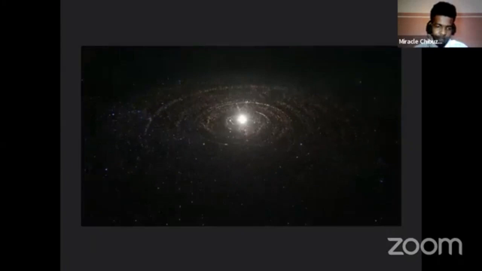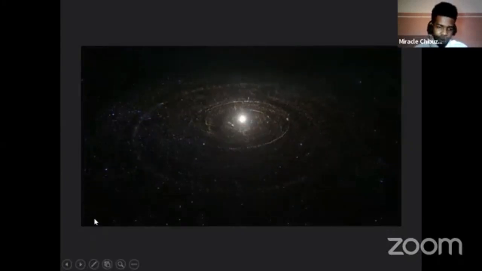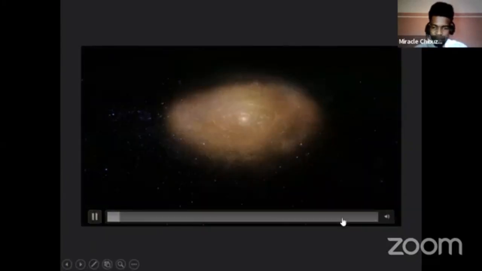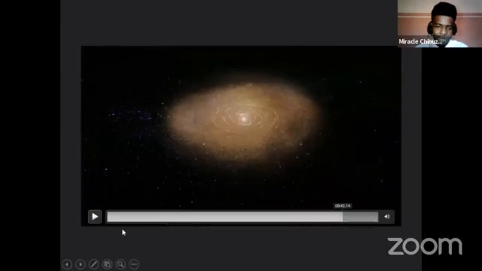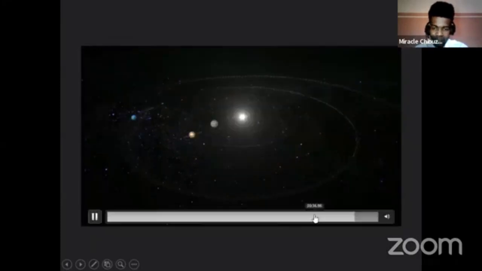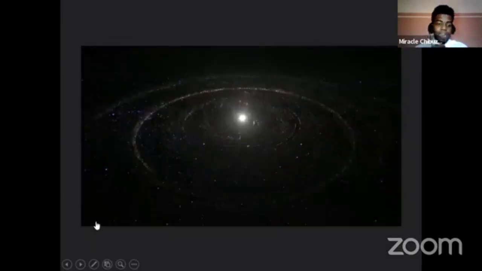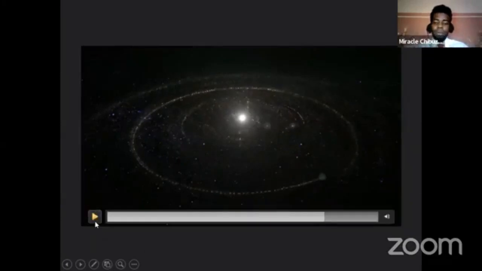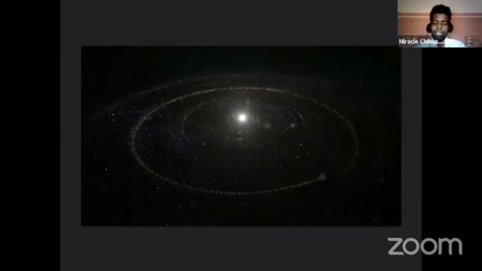And as these planets are being formed, they become bigger and bigger, and they amass more mass. They become more massive and they attract more materials. So that is how they were able to clear the orbit around the sun. And that is exactly how you have the solar system.